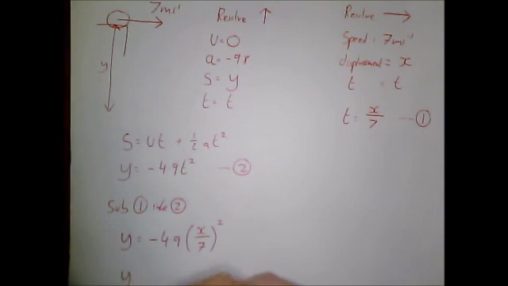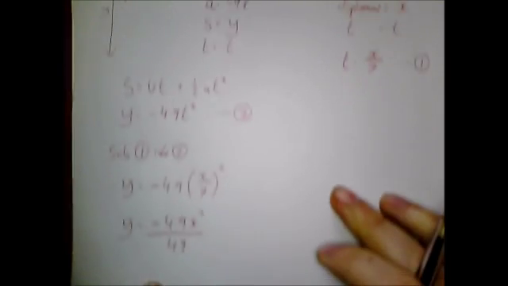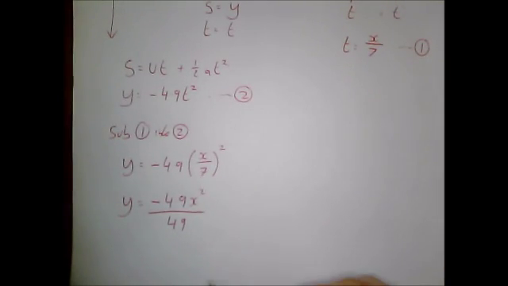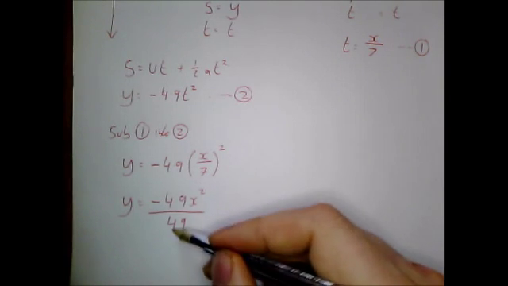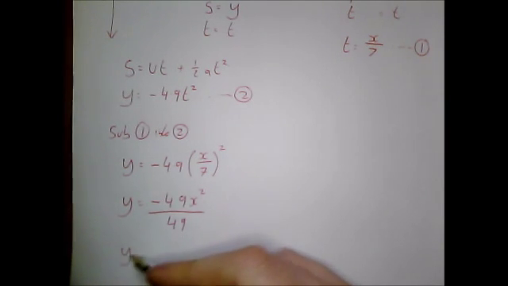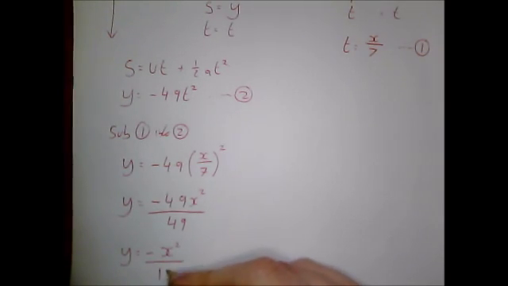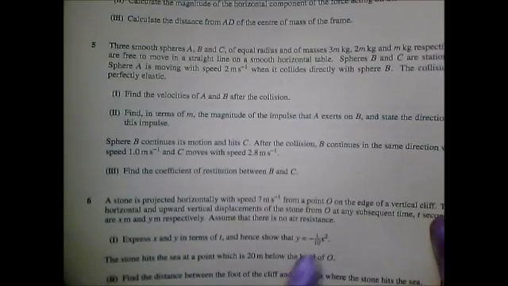This gives us y equals negative 4.9 x squared all over 49, because 7 squared is 49. Then we can simplify this, so y equals negative x squared over 10. And this is exactly what we wanted for part 1. There we are, we've got it.